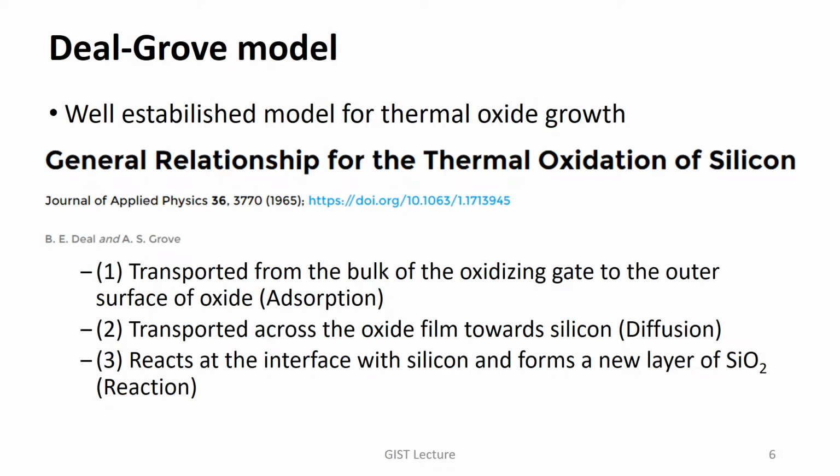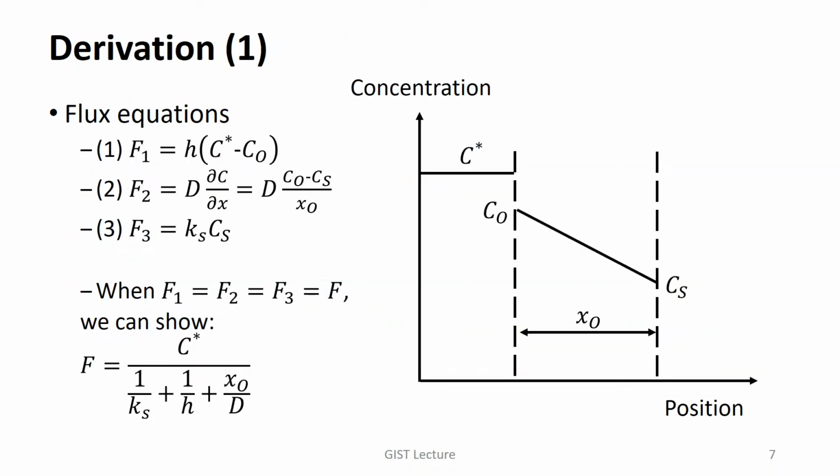So these three steps can be listed as 1, 2, 3, and each of them can be modeled using the densities at certain positions. Please have a look at these graphs.